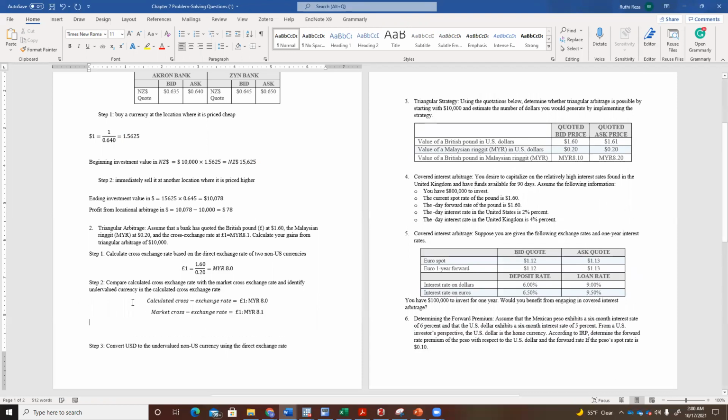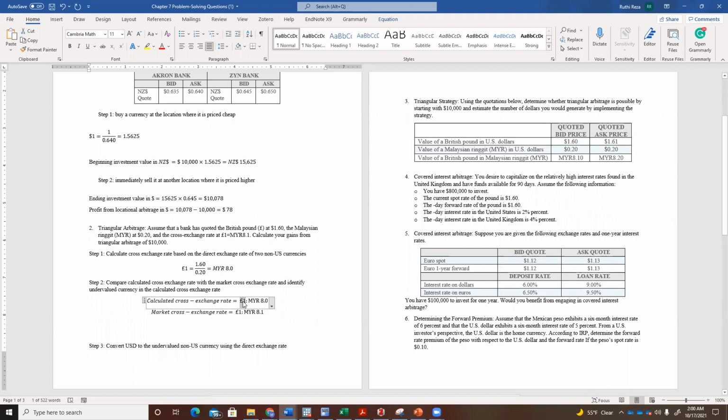Now, in step number 2, let us compare. So here, if you compare, based on the calculated cross exchange rate, each pound is worth just 8 Malaysian ringgit. Whereas based on the market cross exchange rate, each pound is equivalent to 8.1 Malaysian ringgit.